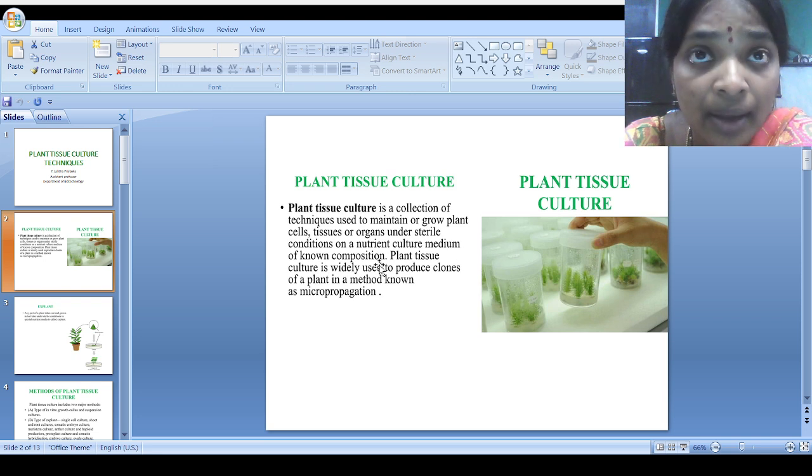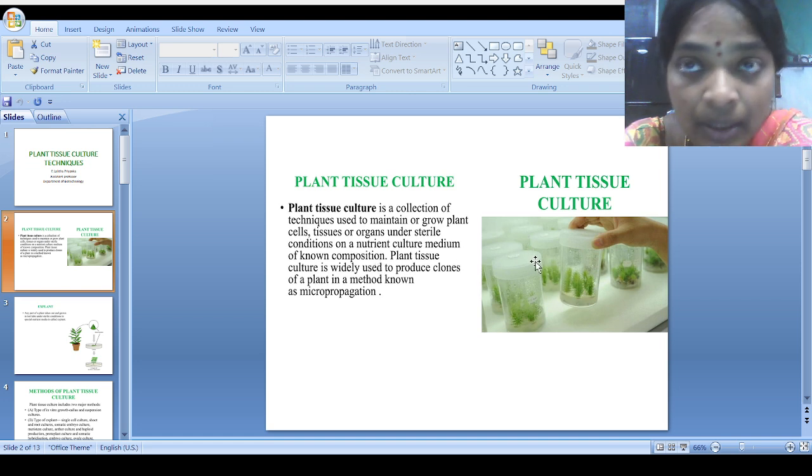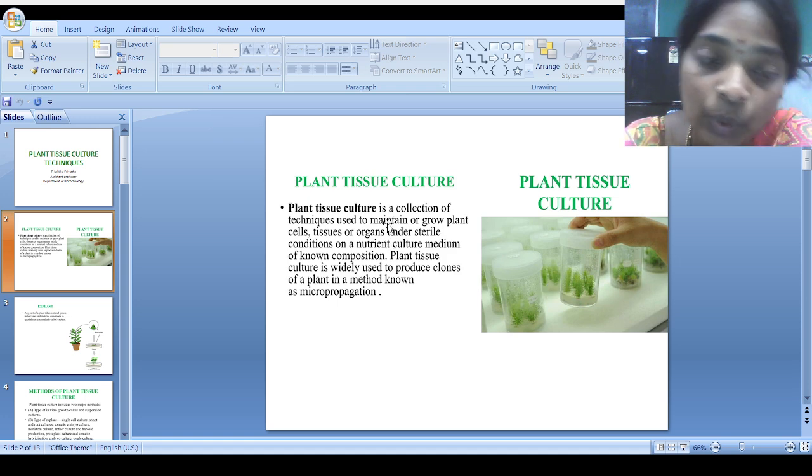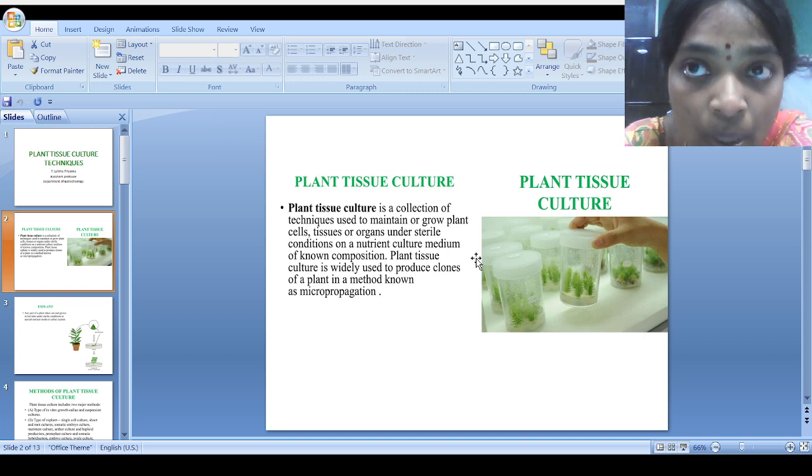Agar acts as a gelling agent. When you add agar, it gives the solid structure of the media. If you are not adding agar, it is called liquid media, or sometimes liquid broth or liquid solution.